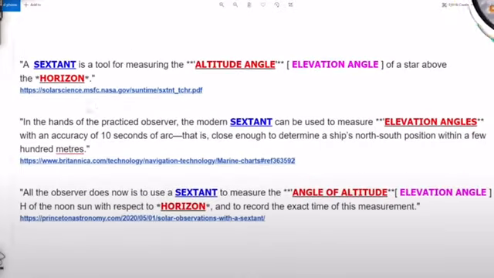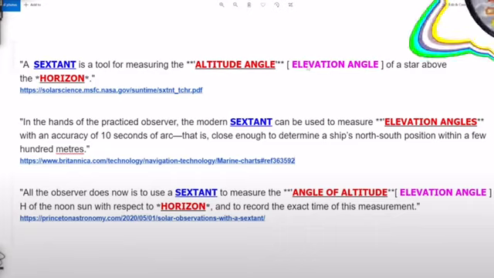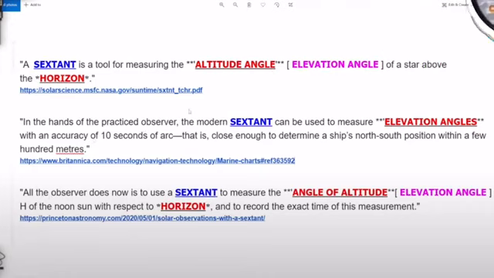A sextant, from NASA, our favorite source: a sextant is a tool for measuring the altitude angle, the elevation angle, of a star above the horizon. It's over right here with elevation angle. You need a horizontal, flat, level adjacent, period. Britannica: in the hands of a practiced observer, the modern sextant can be used to measure elevation angles with an accuracy of 10 seconds of arc.